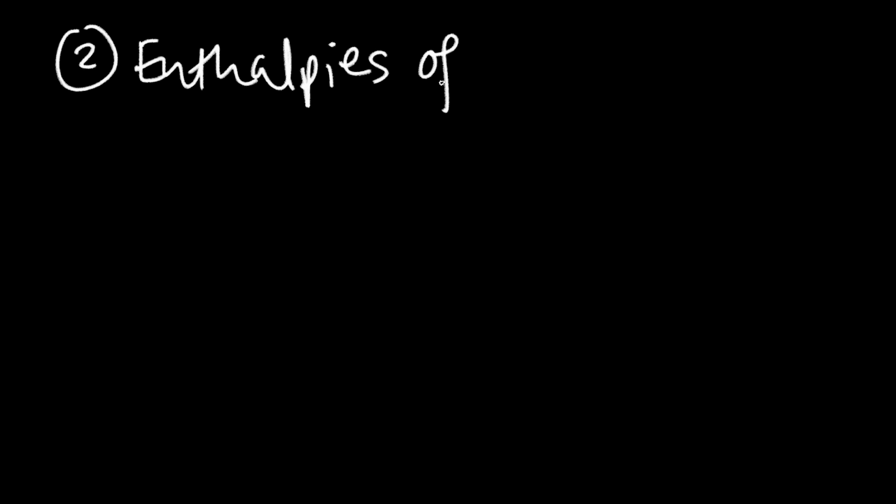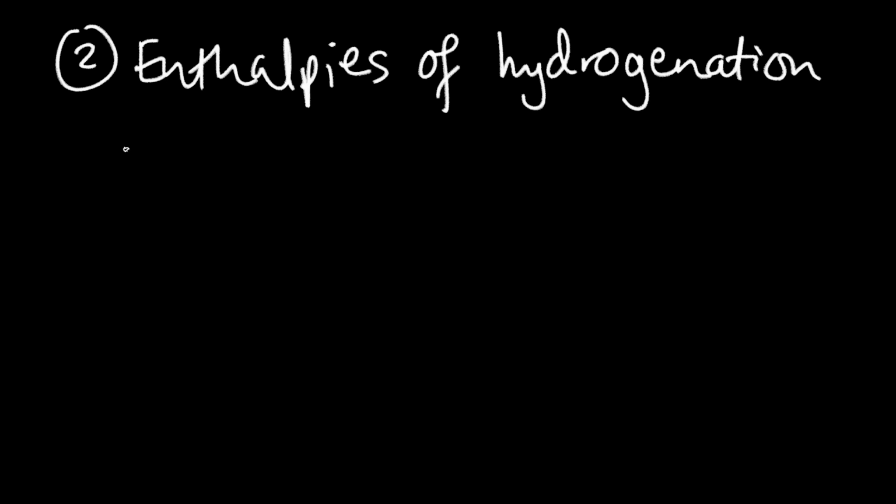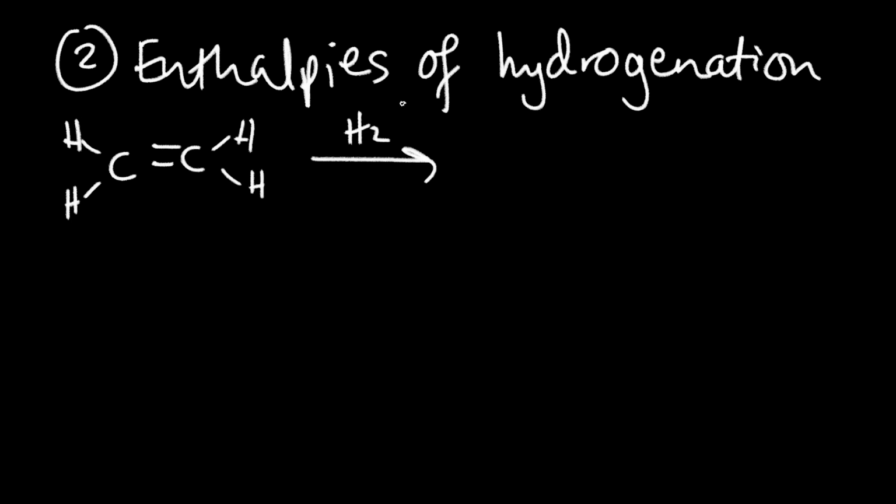The second piece of evidence we can look at are the enthalpies of hydrogenation. So what do I mean by this? Well, you'll probably have come across the idea that we can have an alkene like ethene, and if we add hydrogen across that double bond, it turns into an alkane.